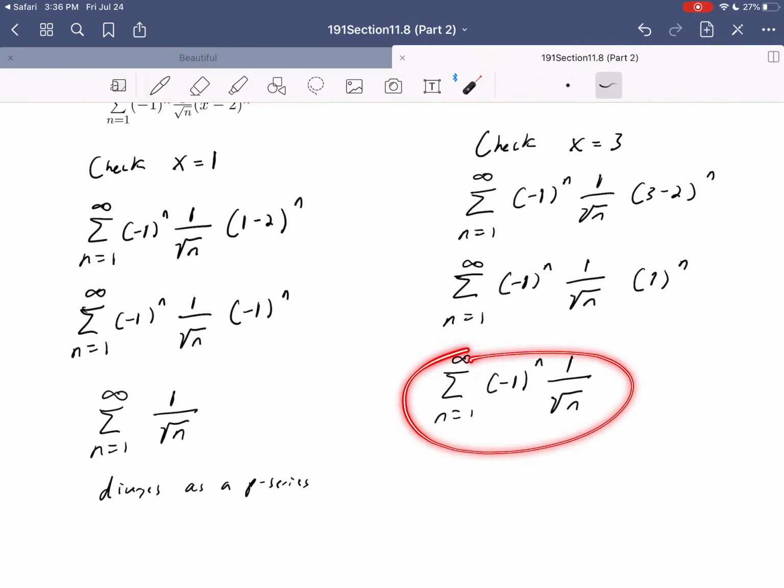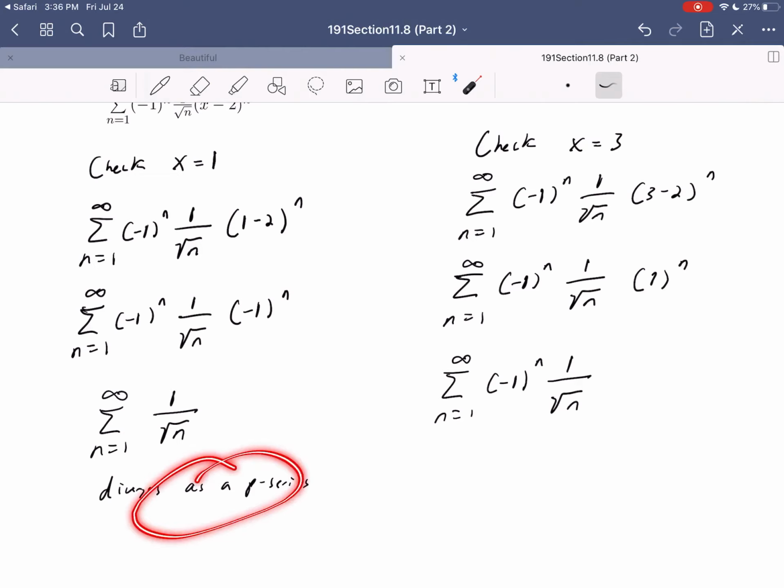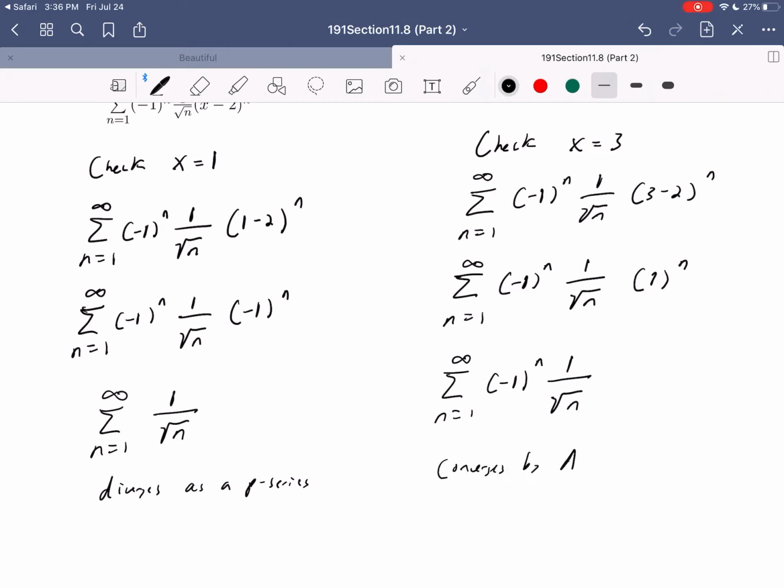Now, what do we know about this? You might say, doesn't it diverge as a p-series? Well, it does have this alternating component, though. So if you try the alternating series test, this does go to 0, and it is strictly decreasing. So this converges by AST. We know that this is an example of something that is only conditionally convergent, because if you put it in absolute value, it would diverge.